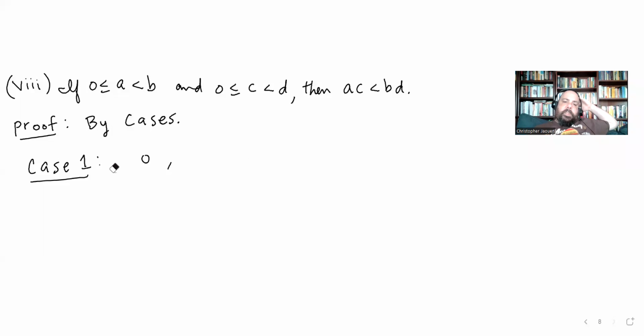I should probably say what the case is here first. The first case is A is 0 or C is 0. And I can say without loss of generality, assume A is the one that's 0.